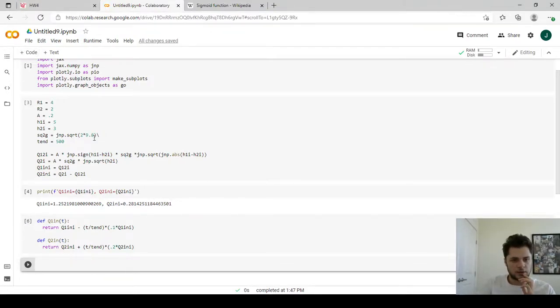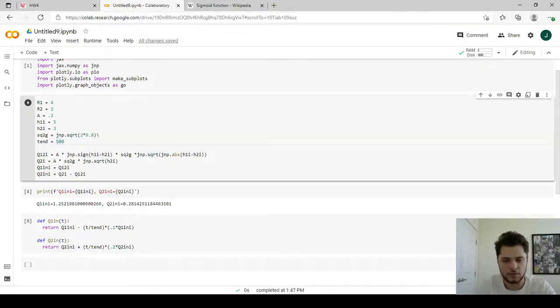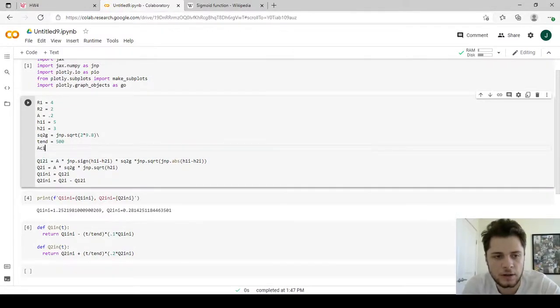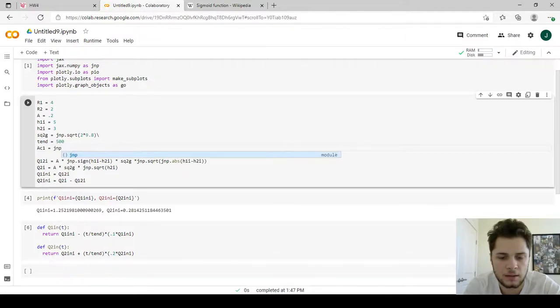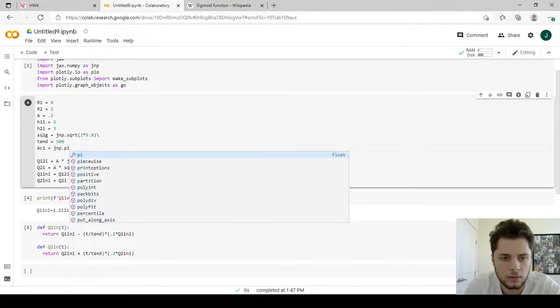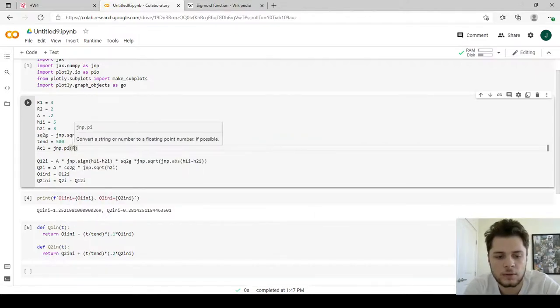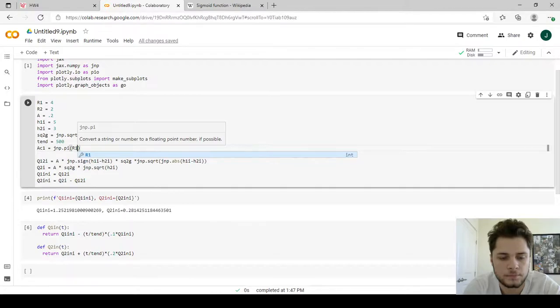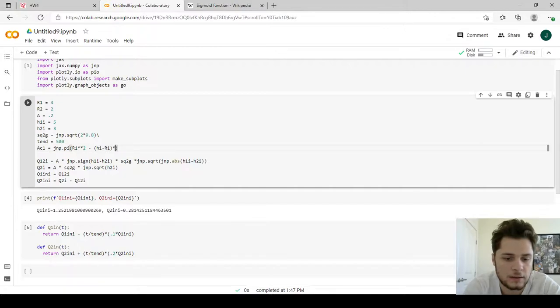And those are equal to, I'll just set them up here. So a cross-sectional area of tank 1 is equal to pi times the radius of tank 1 squared minus the height at 1 minus the radius of tank 1. And then that is going to be squared.